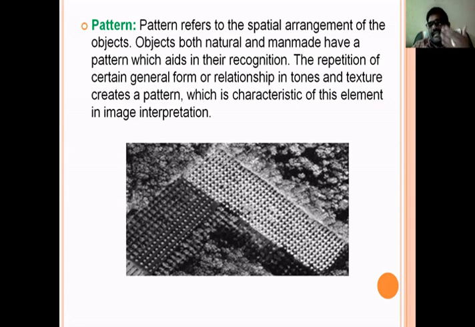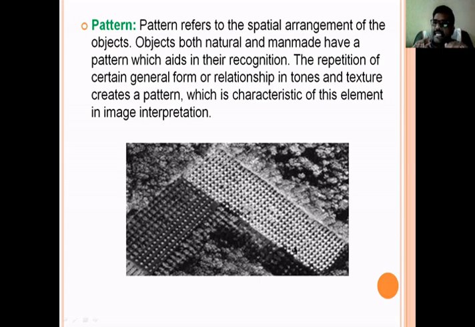The size, shape, pattern and shadow of the objects influence this texture. If the texture is smooth, we can conclude it might be a grassland area.